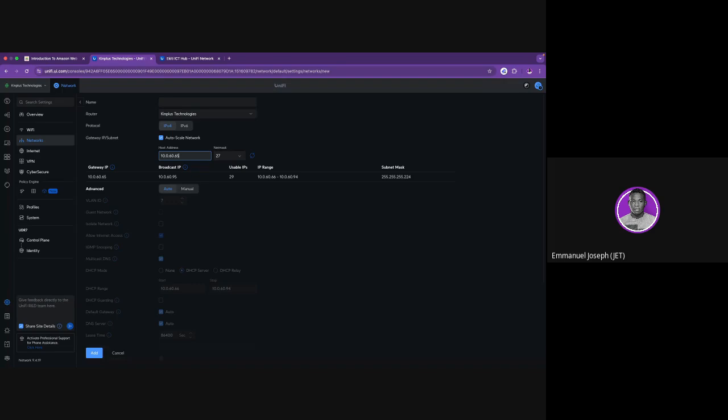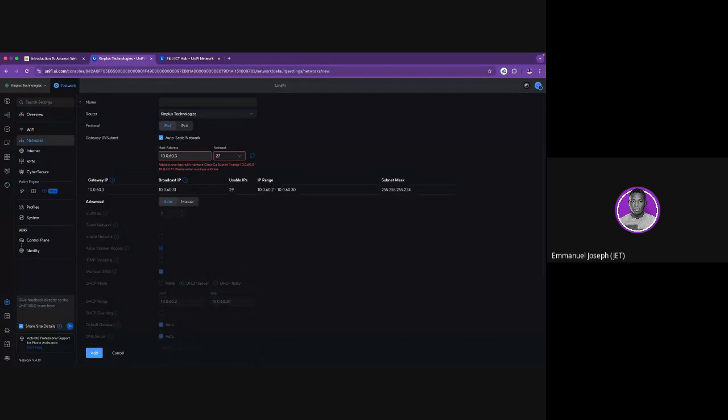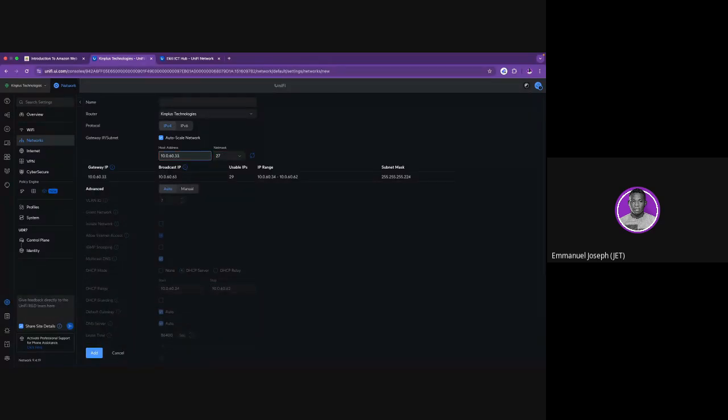Now, 65 would go, but 65 is not our immediate next one. The immediate next one is supposed to be 33. So our immediate is 33, which is class C subnet 2.